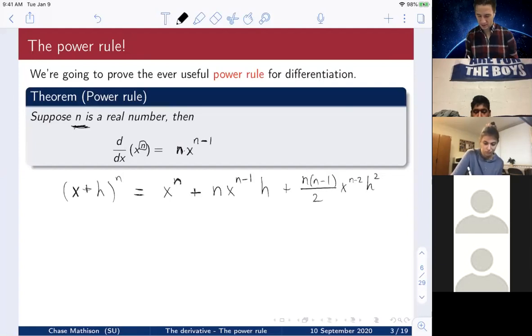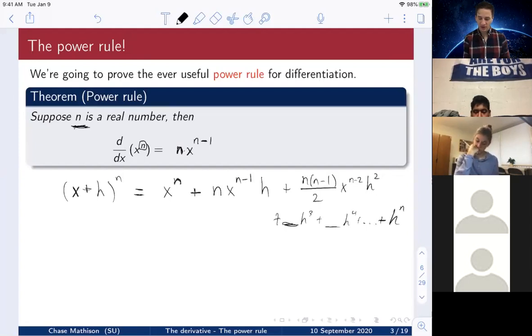Every other term, if you keep adding terms, the powers on the x's are decreasing every term, and the power on the h is increasing with every term. So the next term is going to have an h cubed, plus something with an h to the fourth, and so on, all the way to the very last term, which has an h to the n.